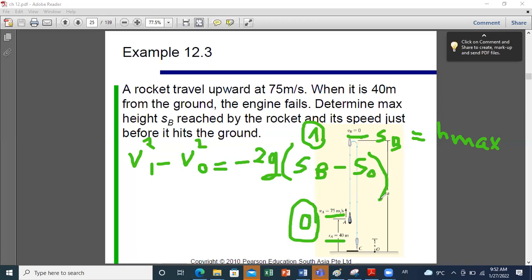In this way, I found a relation between the final velocity and the final position.